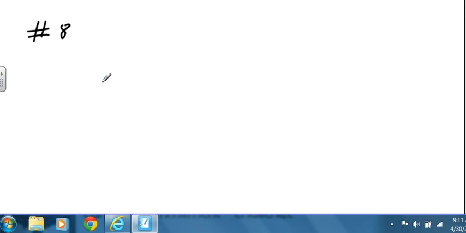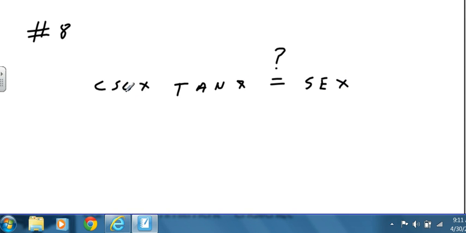So I've got cosecant x times tangent x is supposed to be secant x. All right, well, I'll change the cosecant to 1 over sine. And I'll change the tangent to sine over cosine.